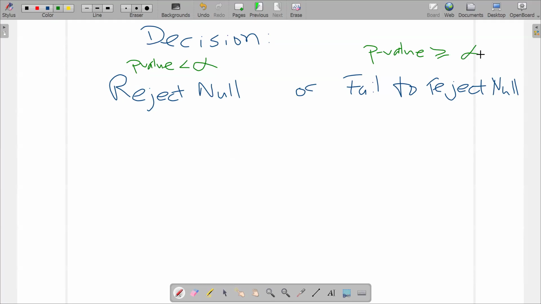Now, some of you got a p-value that was less, so you get to reject the null. My p-value is not less, so for me, because I have a 0.053 versus a 0.05, mine is greater, right? I am failing to reject the null. After we have a decision, we need a conclusion.